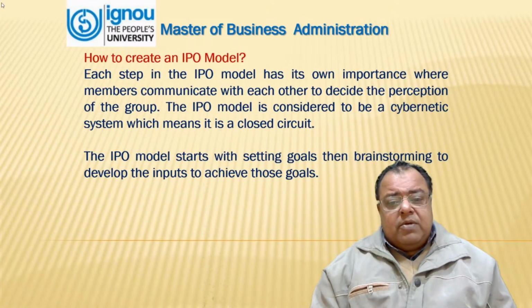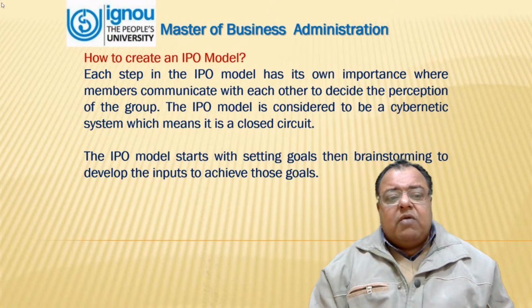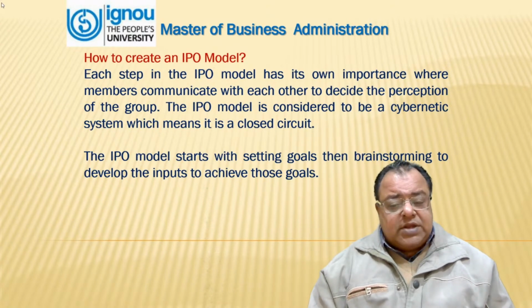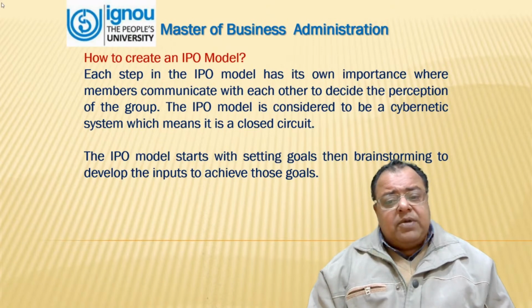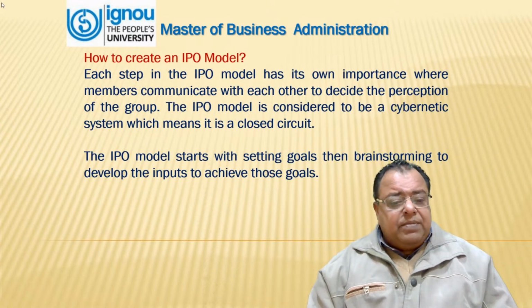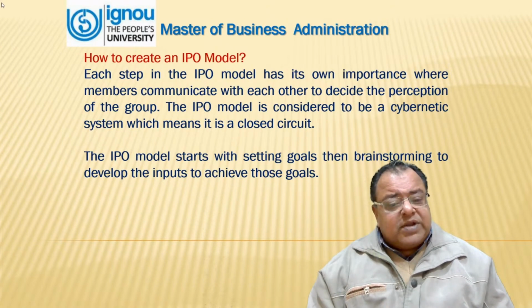Each step in the IPO model has its own importance, where members communicate with each other to decide the perception of the. The IPO model is considered to be a cybernetic system, which means it is a closed circuit. The IPO model starts with setting goals, then brainstorming to develop the inputs to achieve those goals.